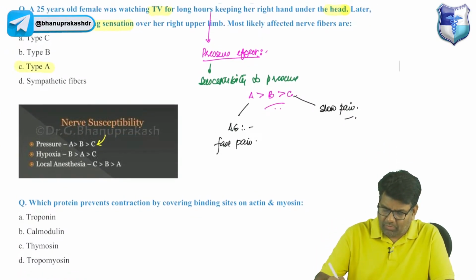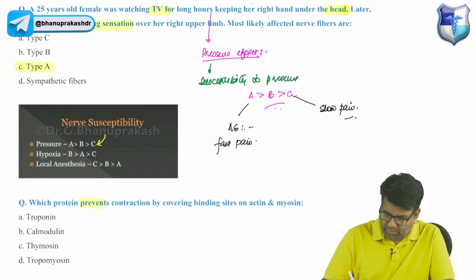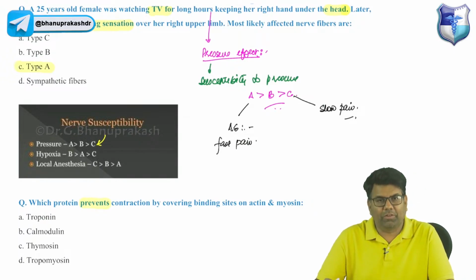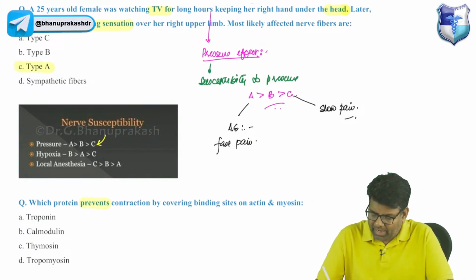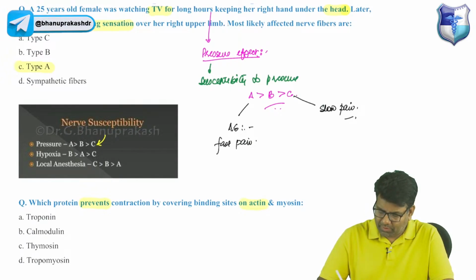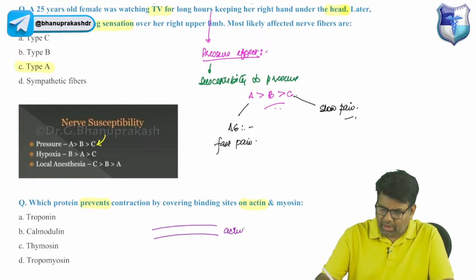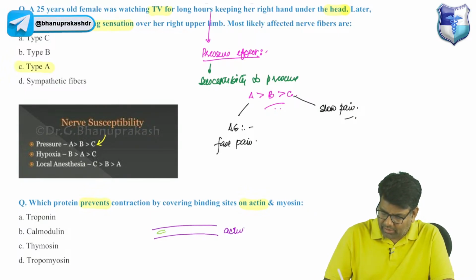Now, which protein prevents contraction of a skeletal muscle by binding on the active sites of actin? Suppose this is actin, and now actin has some active sites.